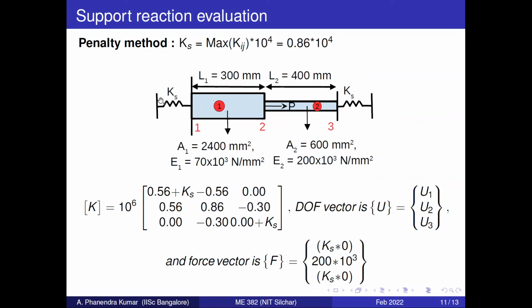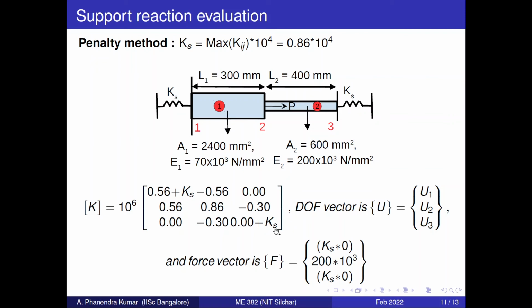As I mentioned previously, when there is a prescribed boundary condition, we need to replace it with the spring stiffness Ks. So as these two are the degrees of freedom which we know, we have replaced them with Ks. And one more thing, you remember I told you that we will add only in the diagonal terms. So see here, in the diagonal is 1, and this is 1, right? Node number 1. This is node number 3.